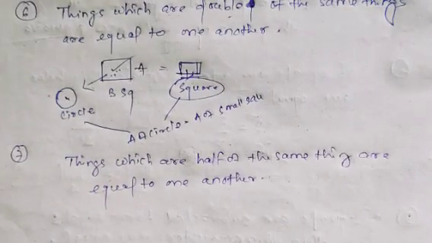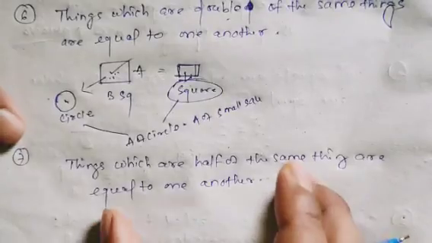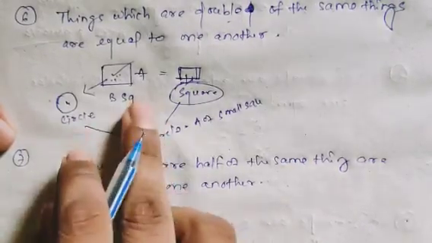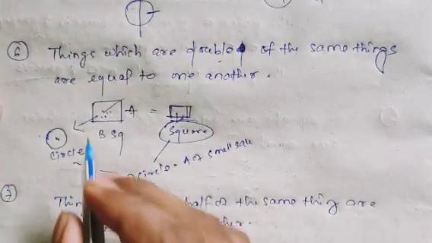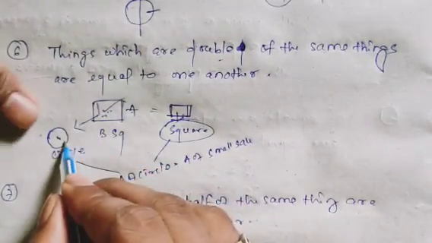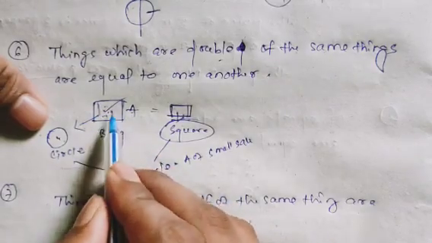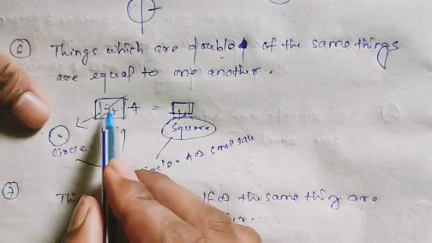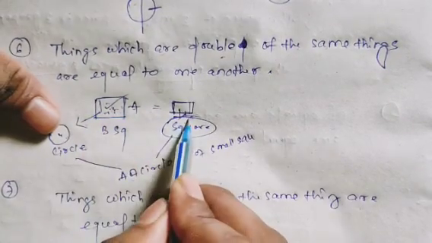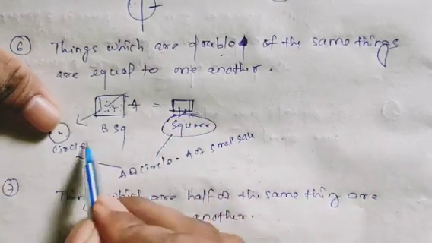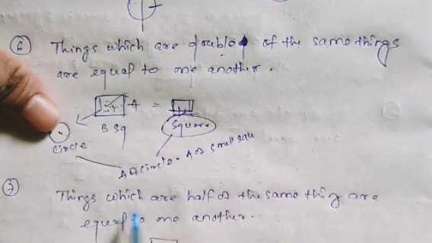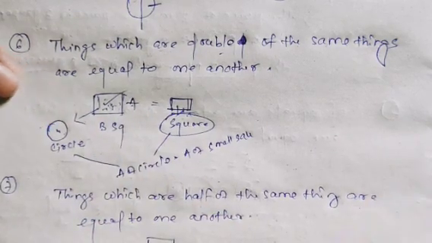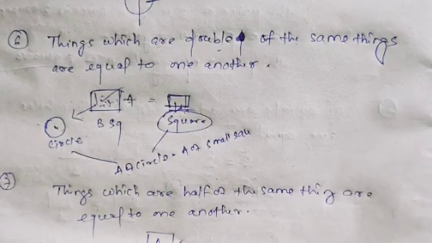Take this example also. The area of this square is halved to a circle. If the area of the square is halved, it will become a square, and half of the square is a circle, and half of the square is a square, and the areas of these halves are also equal. So things which are half of the same thing are always equal. This is axiom number 7.